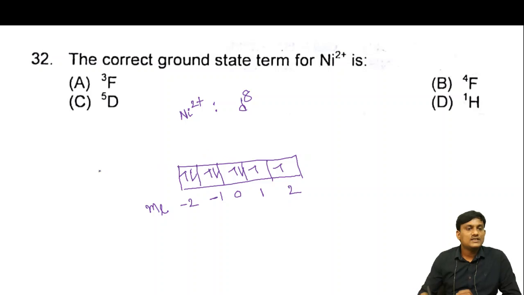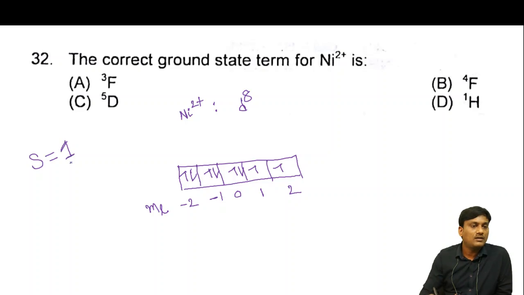What is the total S value? Here there is a cancellation of spins, plus and minus cancel, in each paired orbital. Here you have two unpaired electrons. Each unpaired electron has a spin of plus half, so the total spin will be 1. What is the total angular momentum?